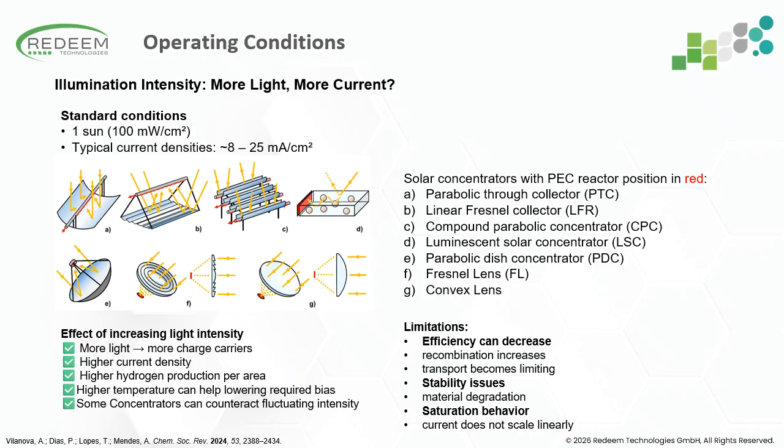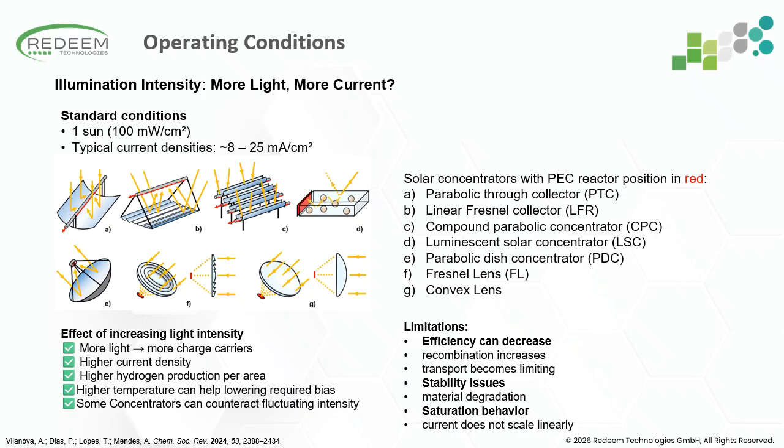However, more light does not automatically translate into proportionally more current. At higher photon fluxes, recombination increases because charge carriers are generated faster than they can be transported away. At the same time, the transport limitations we discussed earlier become increasingly important.